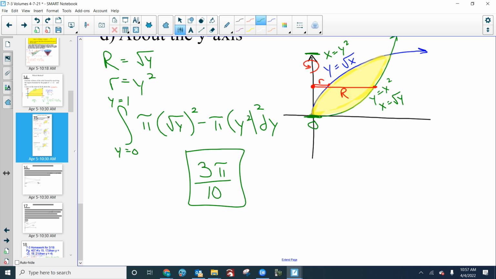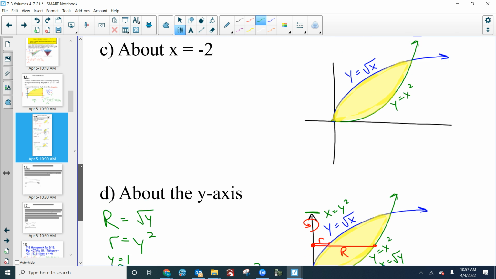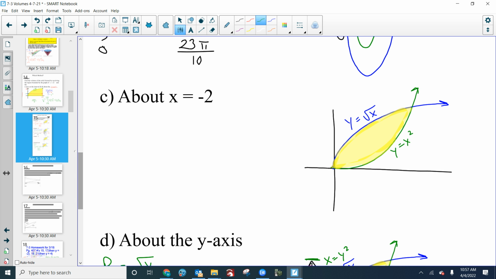All right, last problem for today. What about x equals -2? That's a problem. Do you all agree x equals -2 is a vertical line?